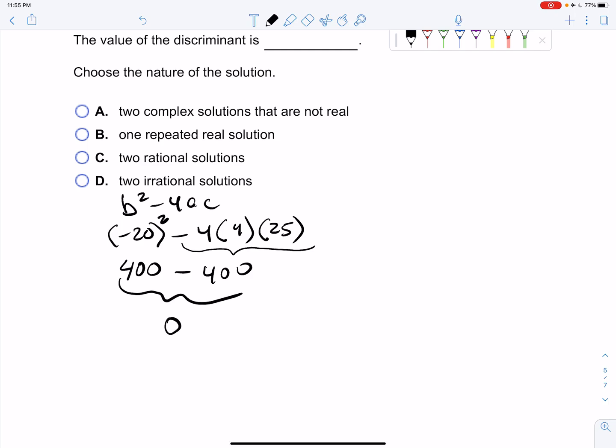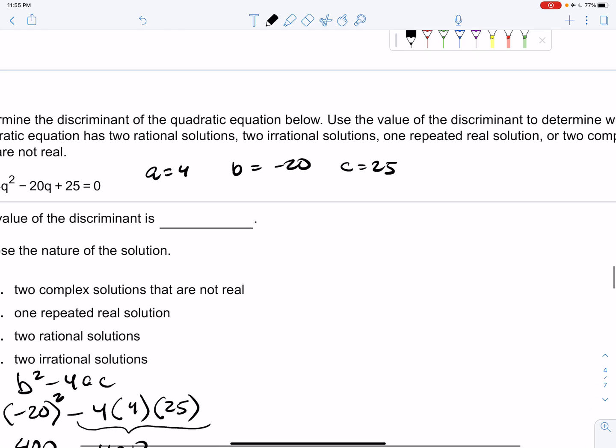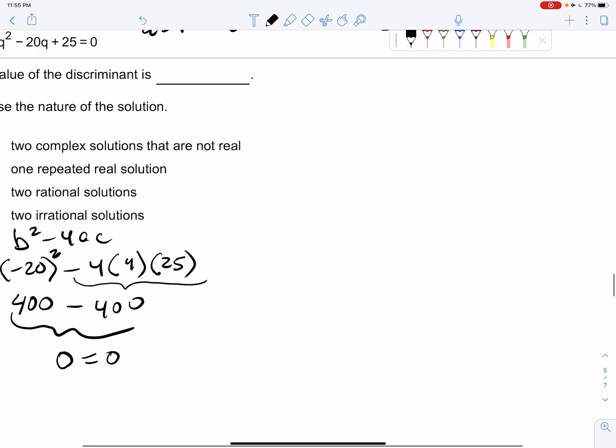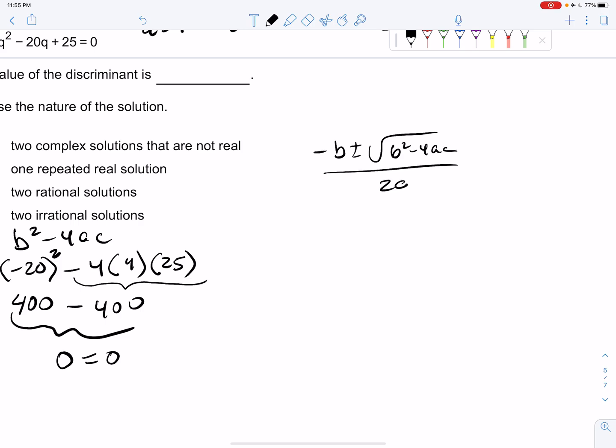And 0 equals 0. Which case is that? Well, if you forget, you could remember the quadratic formula, which says opposite of b plus or minus the square root of b squared minus 4ac all over 2a. Well, you just found out that what was under the radical is a 0.